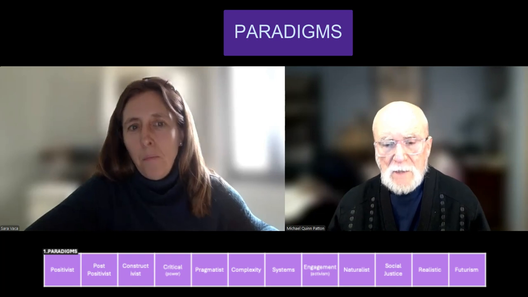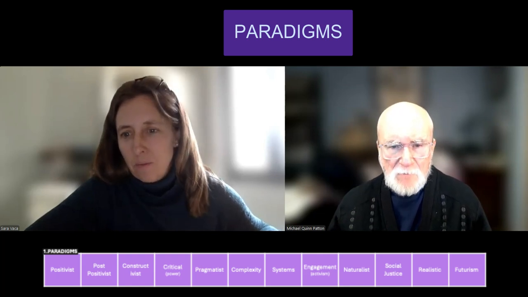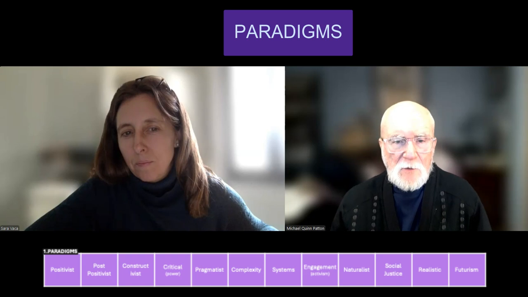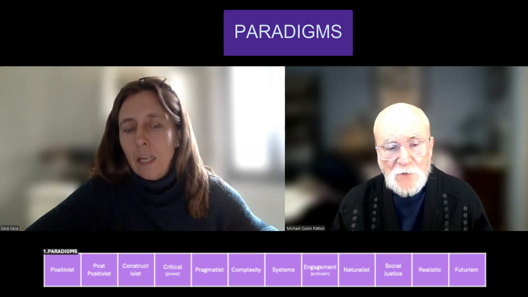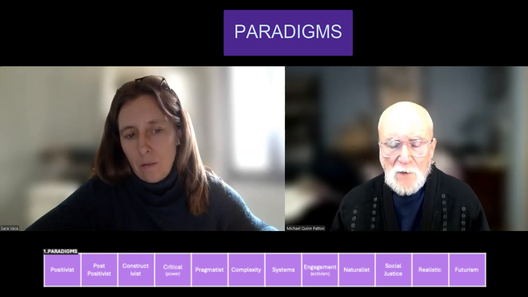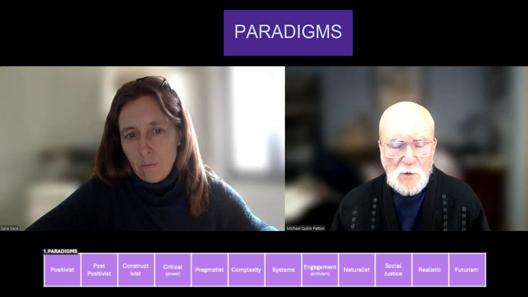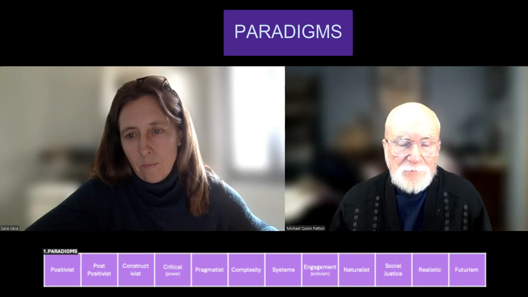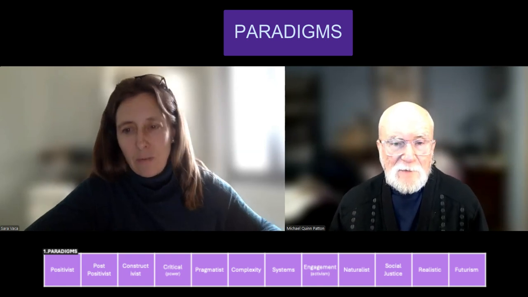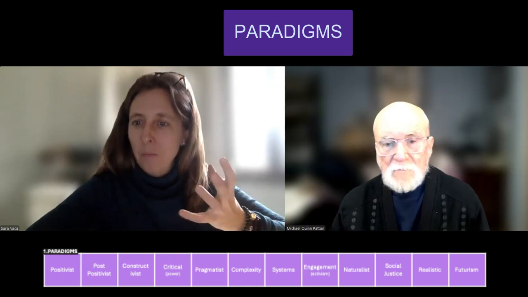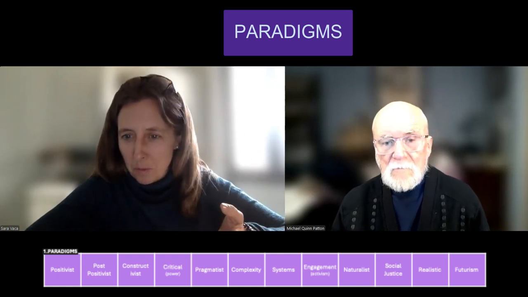But as I said, it's often implicit. It's not made explicit, and part of this is to help people be conscious of whether they're being a constructivist or a pragmatist, because the evaluation is going to be guided by one, but is brought by people.